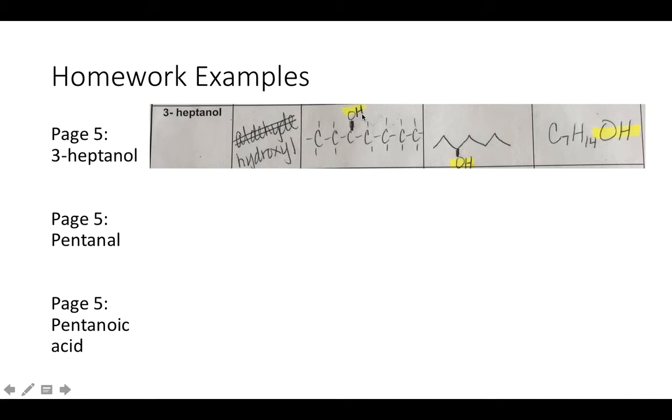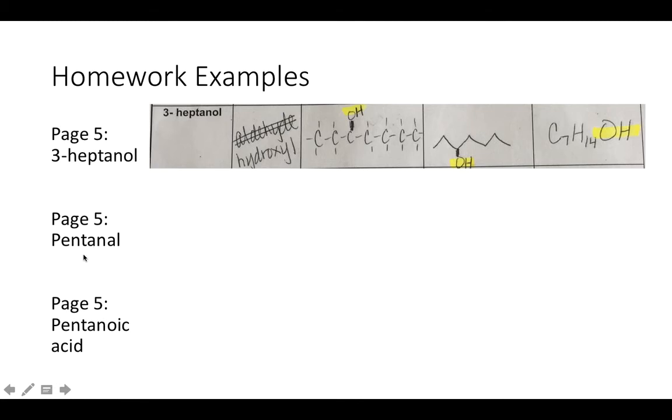That's an alcohol, or hydroxyl group, okay, OH on the third carbon. So the structural formula looks like this, the line formula looks like this, and this is the molecular formula. That's the group name, hydroxyl. There's the proper name, 3-heptanol.